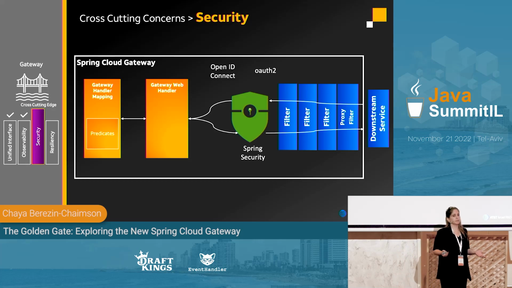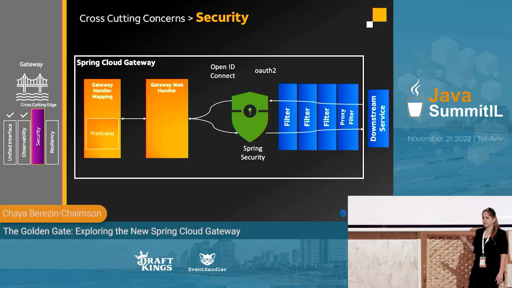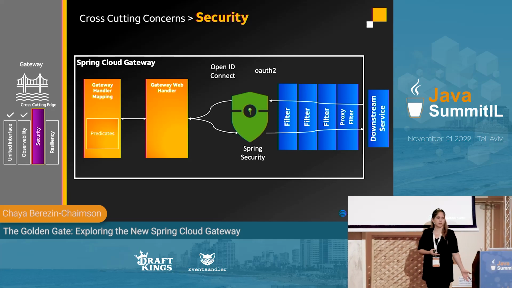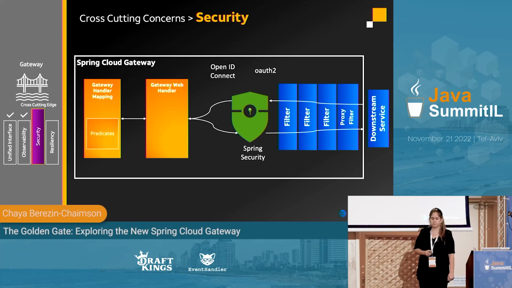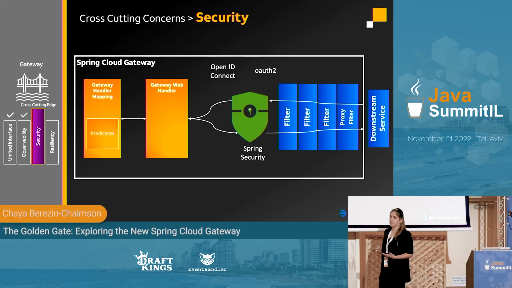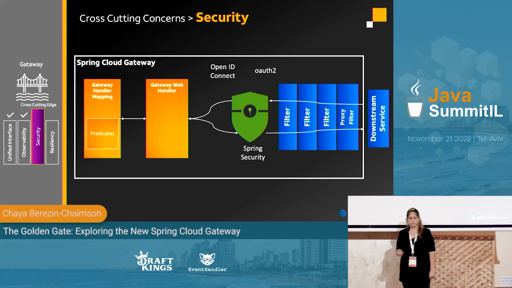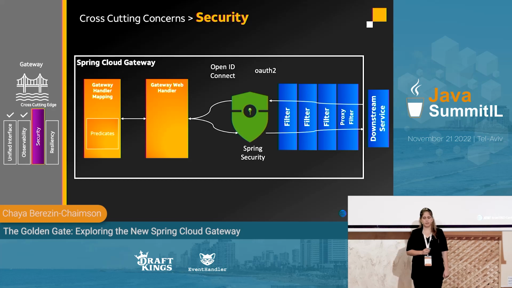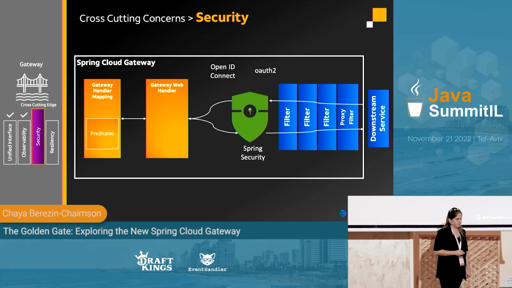And we've implemented it very easily with Spring Security in our Spring Cloud Gateway application. And this is very easy and very elegant. Actually, the same way as we would have implemented it in any other Spring WebFlux application. So we've tackled security as well.